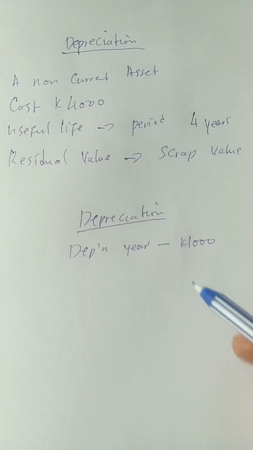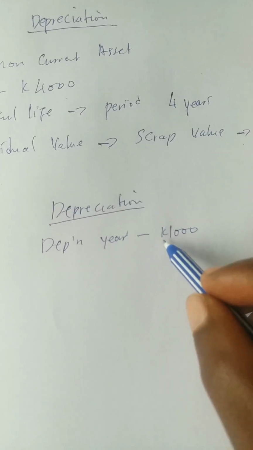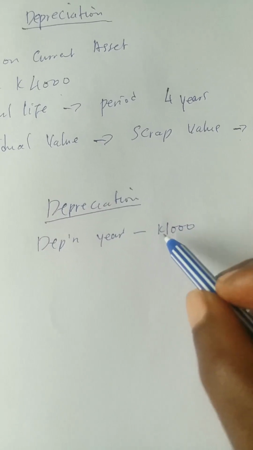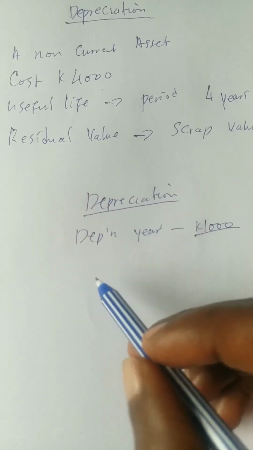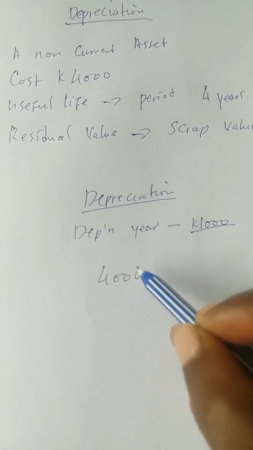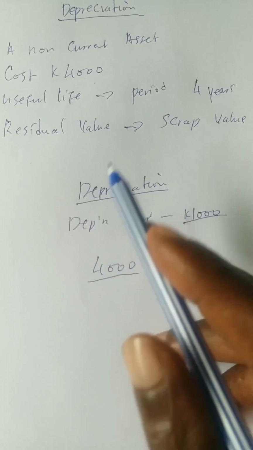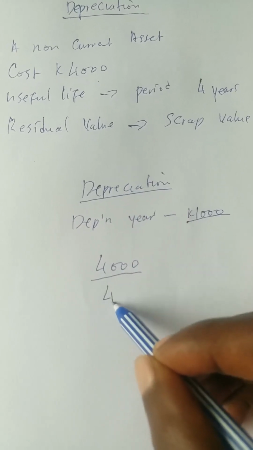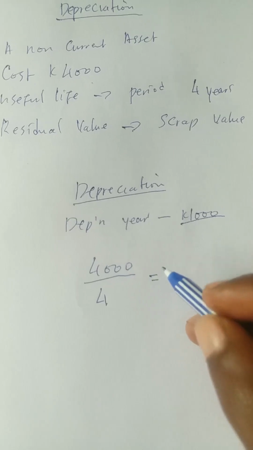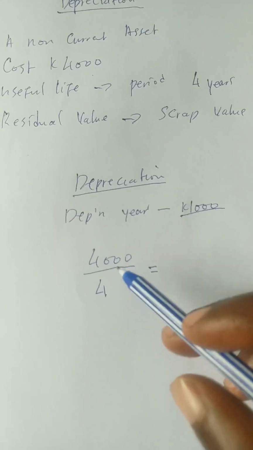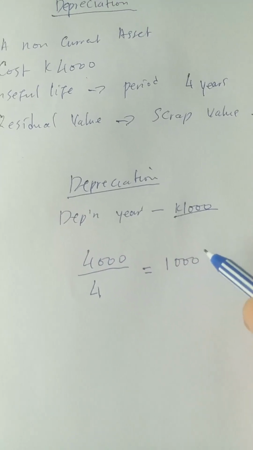And then its useful life. Let's not calculate first of all, let's ignore this amount. Let's just calculate the depreciation from the 4,000 cost that we have, and then we expect to use this non-current asset for 4 years. What's going to be the depreciation value? 4,000 divided by 4, you discover that this will give us 1,000 kwacha.